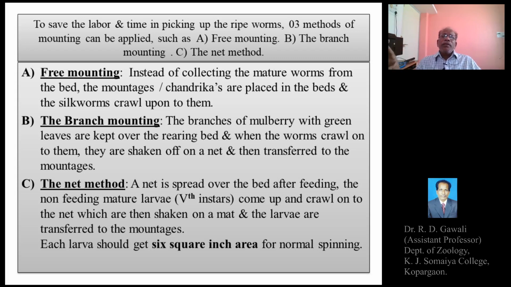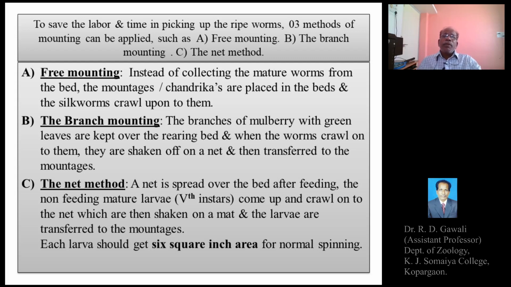In this method, the complete equipment, that is the mountage or chandrika, is directly kept in the feeding bed or rearing tray, and the larvae crawl upon the mountage and start their spinning activities.